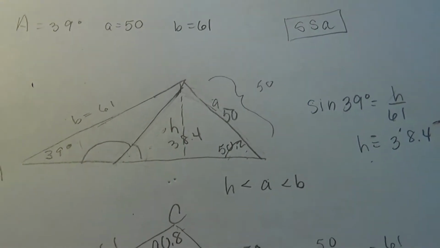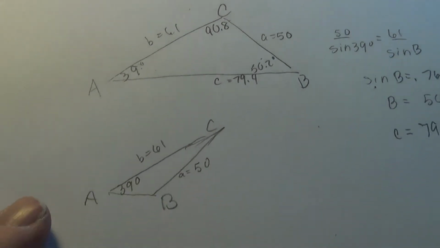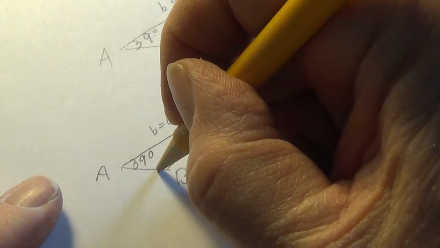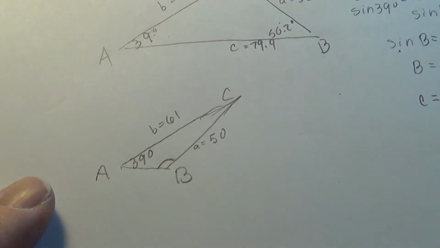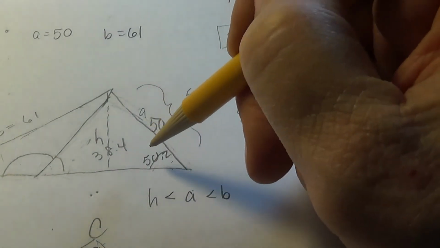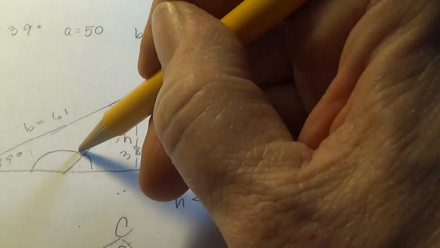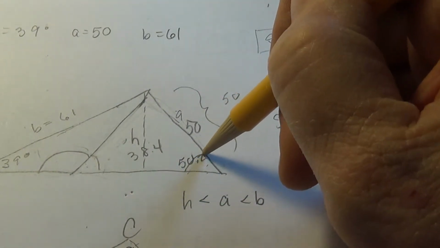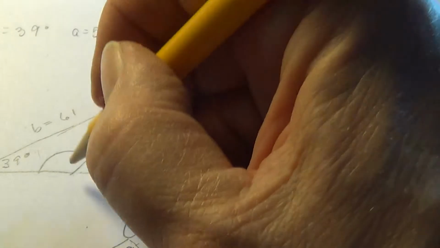So when we swing our green string the other way and make this one, this angle right here is easy to get. It's always the supplement of the angle over here. So this angle and this angle are supplementary. So 50.2 plus what will give me 180 degrees, a straight line?